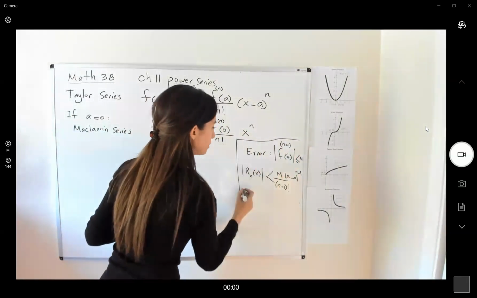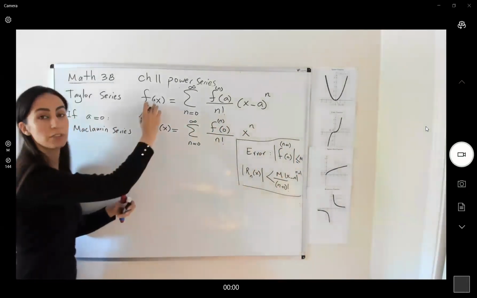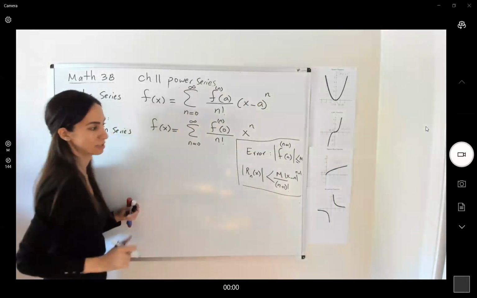This is the error, or the remainder, the difference between the actual function and its approximation.